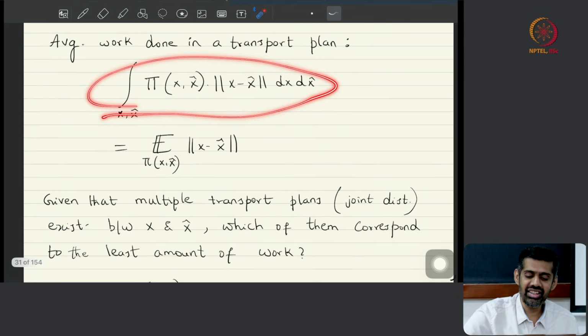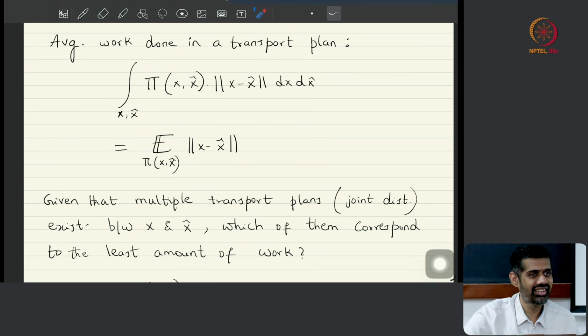The moment we have integrals and distribution functions, we know what they are: expectations. So the expectation of some kind of a norm of the difference between two vectors upon which the distributions are supported, where the expectation is taken over the joint distribution, will give you the average amount of effort or work that is needed to convert one distribution to the other using this particular transport plan, which is a joint distribution. Make sense?